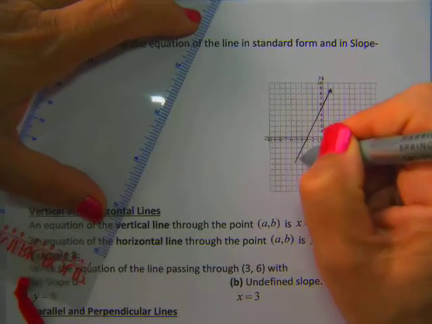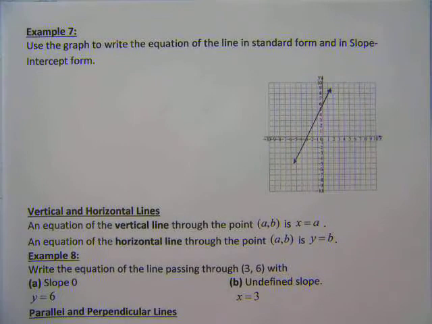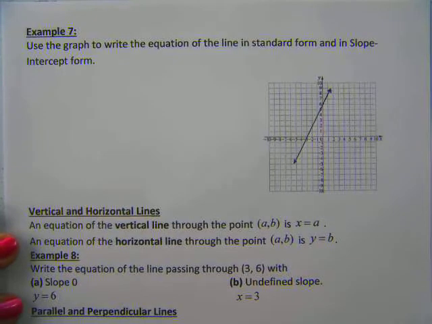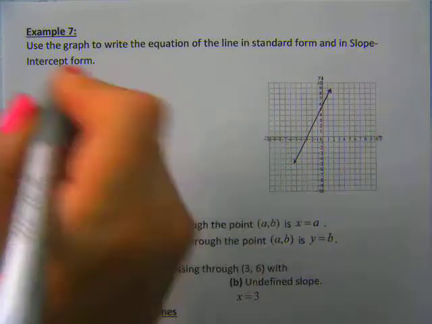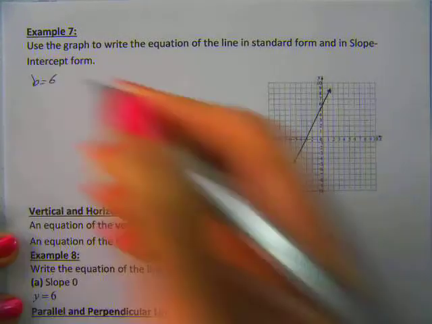How can I write the equation of this line? Well, at least try to find 2 points if you can. Or in a situation like this, I made the y-intercept obvious, so I know that b is 6.